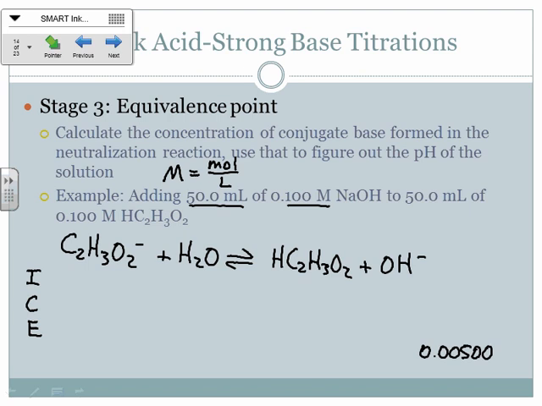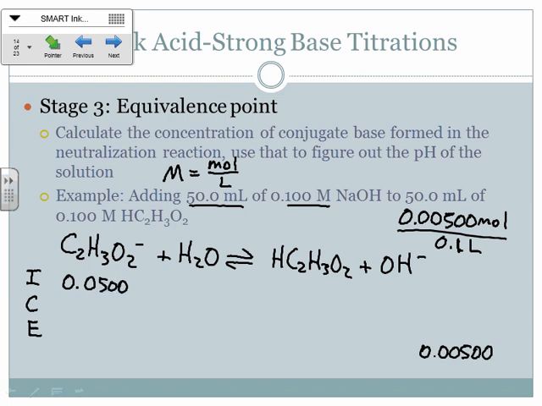Okay, so on this one we have 0.00500 moles of acetate, but what's our total volume of solution here? It's 100 milliliters or 0.1 liters, right? So if we take the 0.00500 moles of the acetate that we have and we divide it by 0.1 liters, then that gives us a concentration of 0.0500 to begin with, okay?